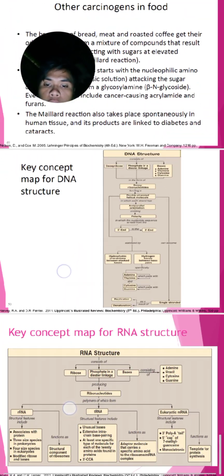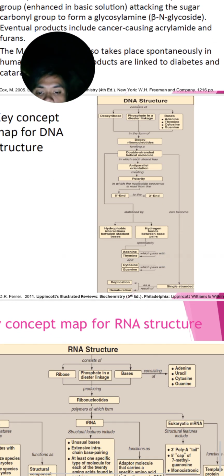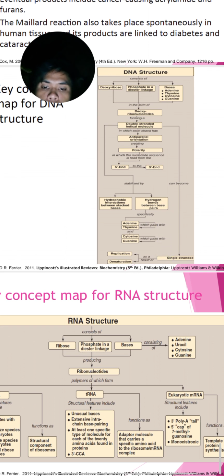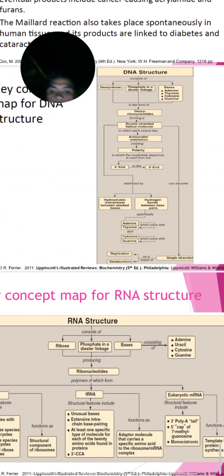So, another key concept map for RNA structure. RNA consists of ribose, phosphate in diester linkage, and the bases adenine, uracil, cytosine, and guanine. The phosphate in diester linkage produces the ribonucleotides, and the ribonucleotides are polymers which form the tRNA.